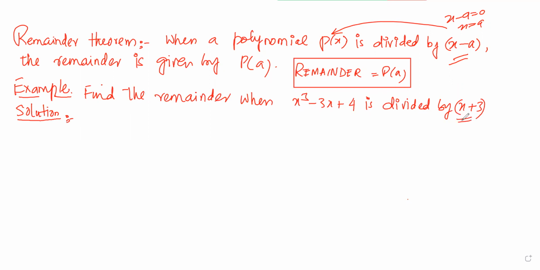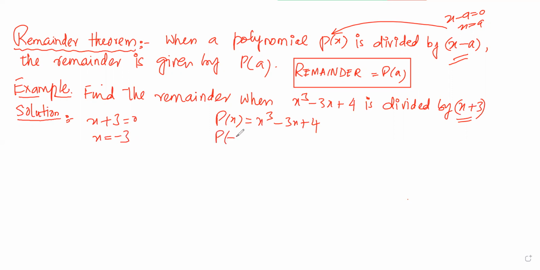Make sure that it is a linear divisor. X plus 3 is linear. This is the basic condition for the remainder theorem: the divisor has to be linear. So p(x) is x cube minus 3x plus 4, which is the dividend, and x plus 3 is the divisor. By equating the divisor to 0, we get x equals minus 3.